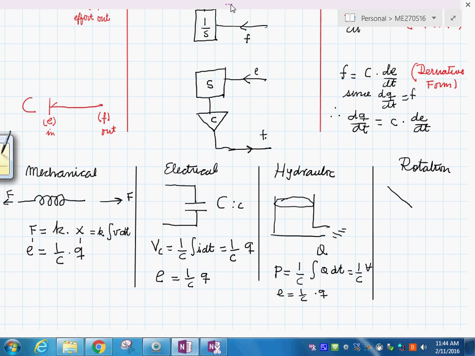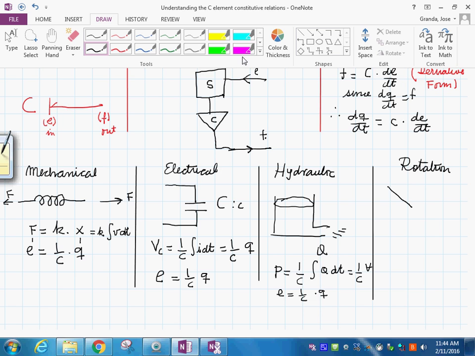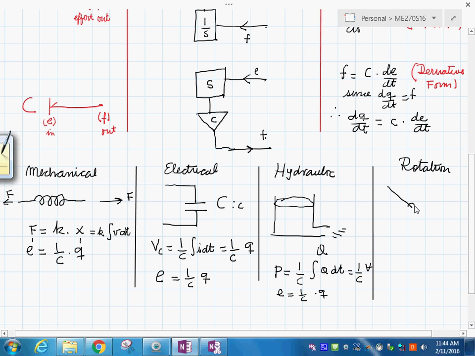What is important here is that the derivative, in this case dx dt, is the flow, which would be the velocity in here. In this other one, q dt is the current.